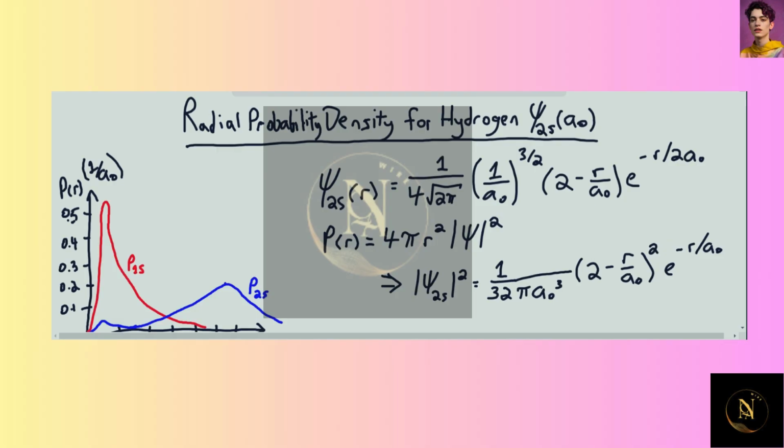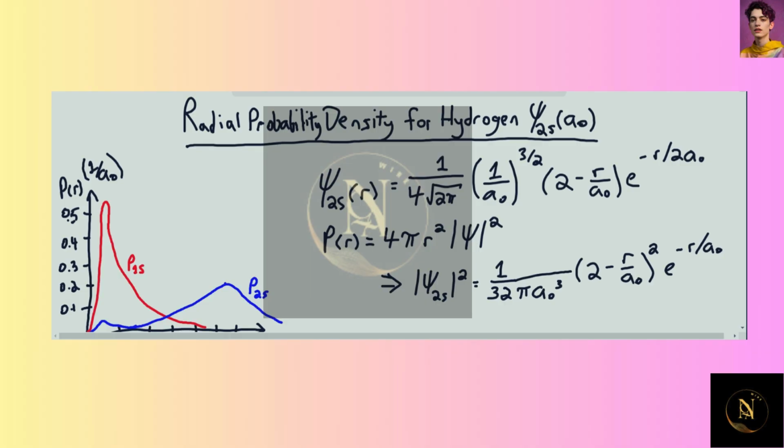The radial probability density for the 2s state of the hydrogen atom. This is the wave function we used in problem 38, where for the radius of 4 times the Bohr radius, I found the correct energy for the hydrogen 2s state.